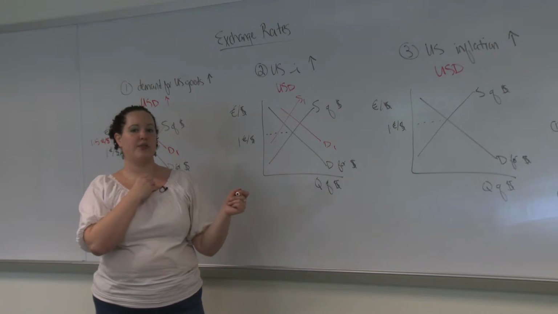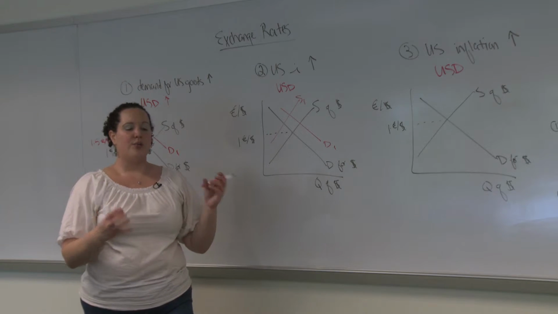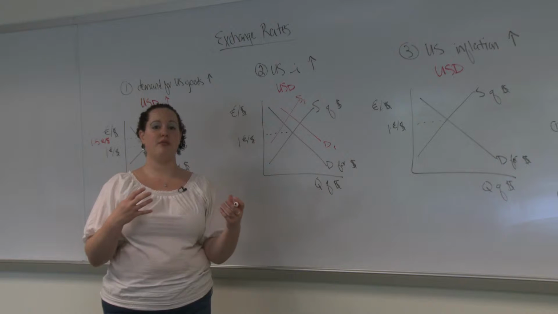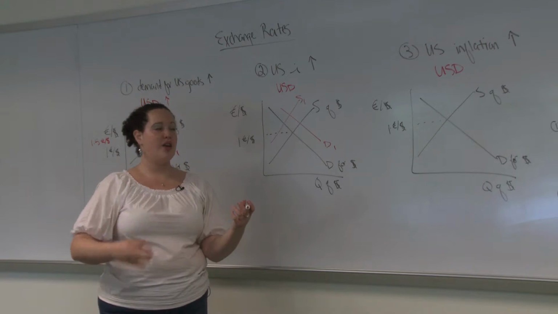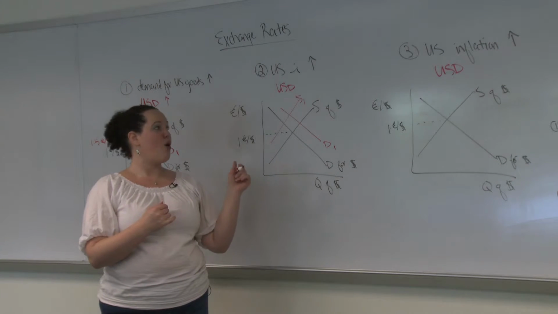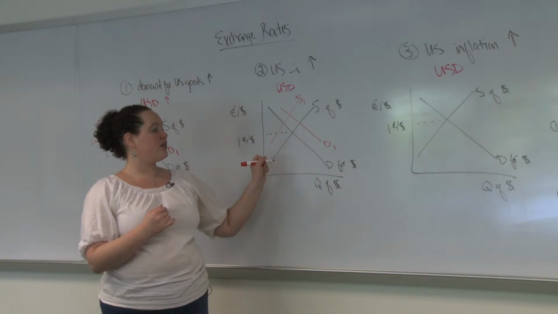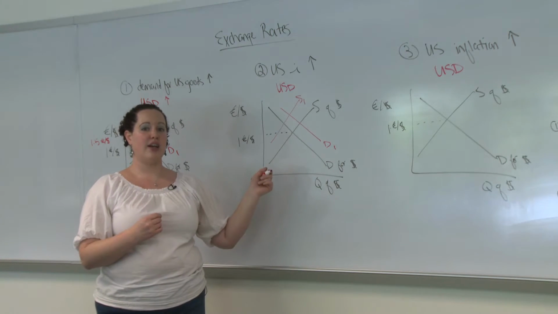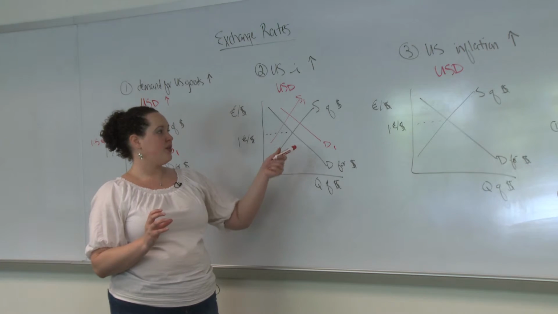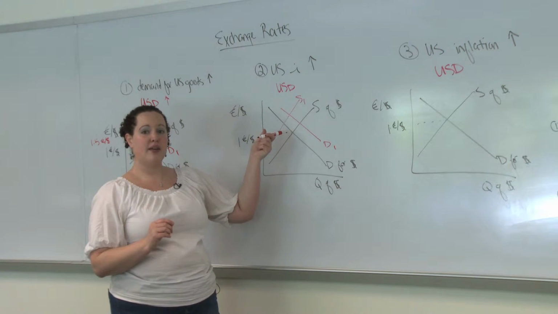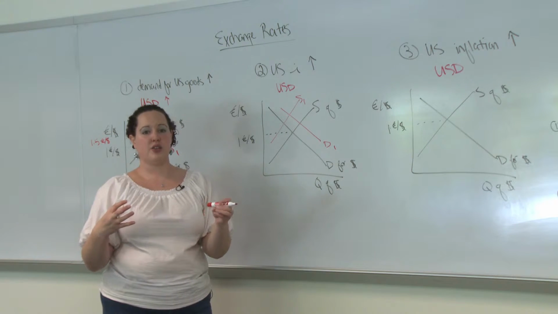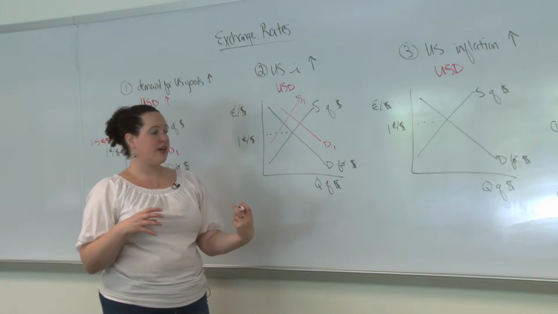If the US interest rate increases, you're probably going to put more of your money into a bank because you get a better interest rate on it, you get a better return for it. So you're either going to spend less money to put more in a bank, or you're going to not trade as many dollars on the international exchange market. So if you choose to reallocate your money, the supply of dollars will shift back because it's likely that US consumers are putting less of their money on the international exchange market and saving more instead.